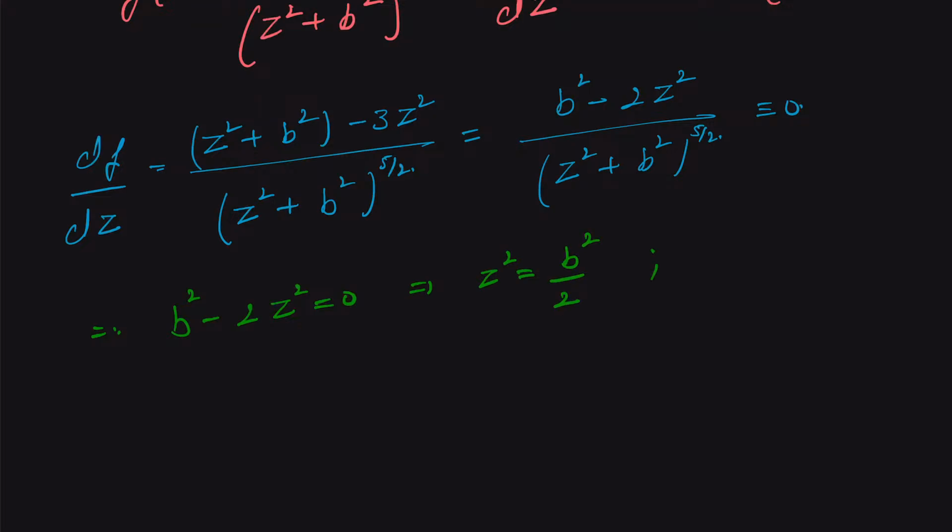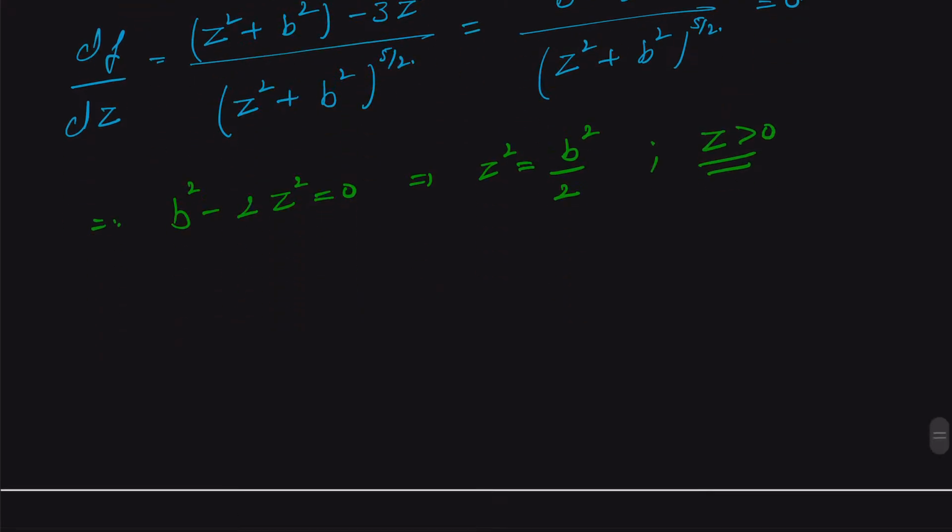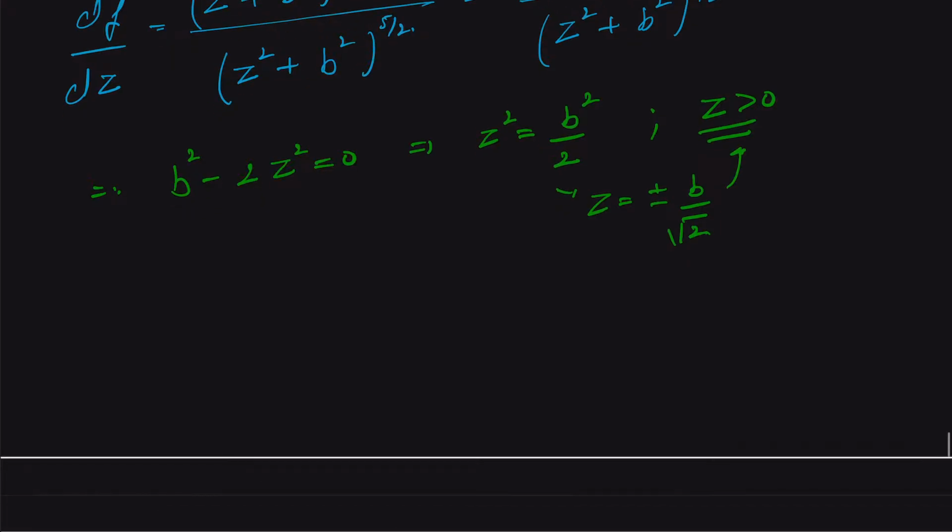And in the question it is given that we have to solve it only for positive Z. So Z is greater than 0, because here we are going to get Z is equal to plus minus B upon square root of 2, but we need only positive values. Therefore we get that Z is equal to B upon square root of 2. If required, we can also verify its maximization.